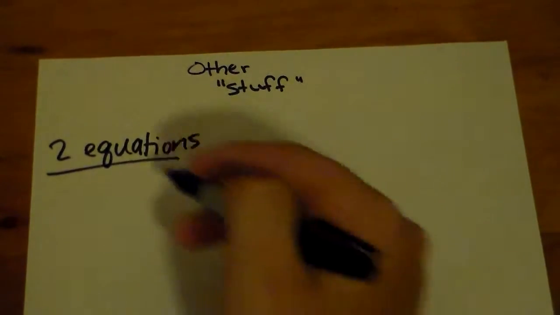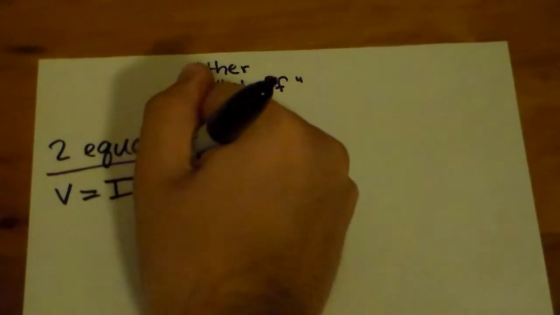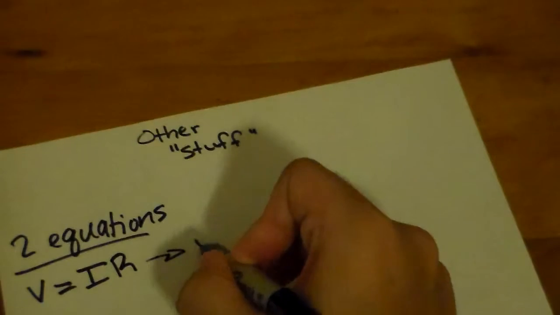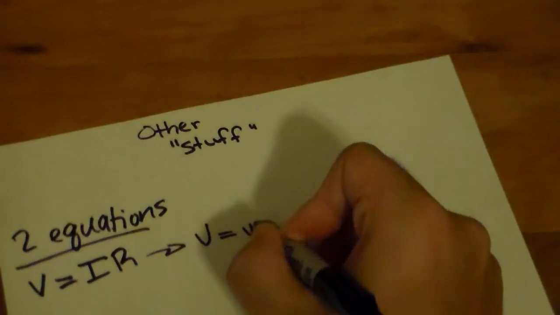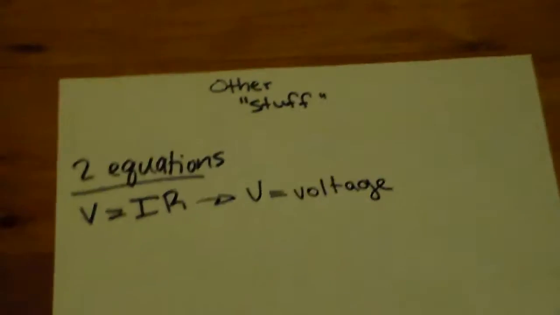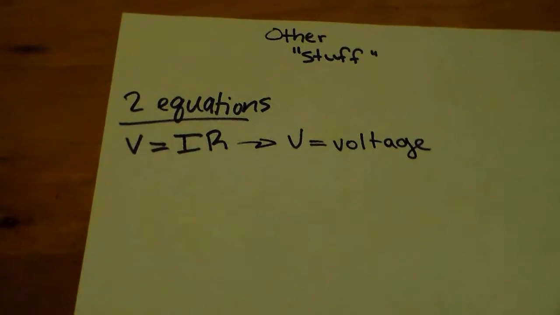And those equations are V equals I times R. So in this equation, V is the voltage, which is the power source in the circuit. That would be like a battery or a light bulb, that kind of stuff.